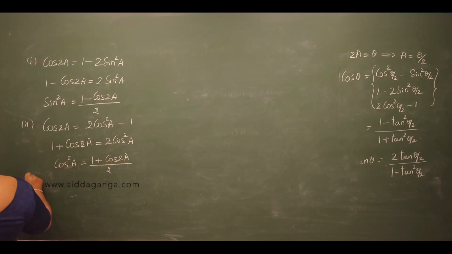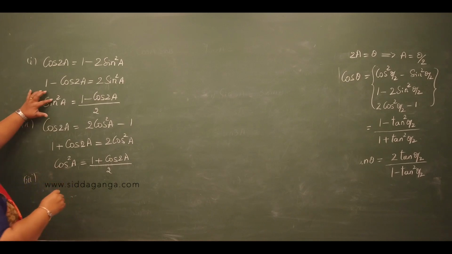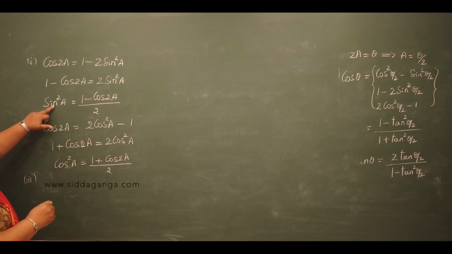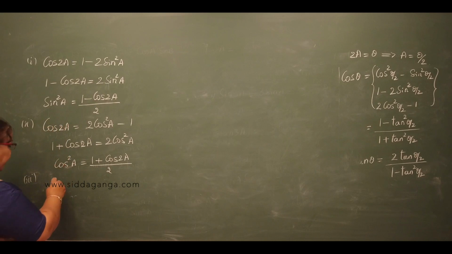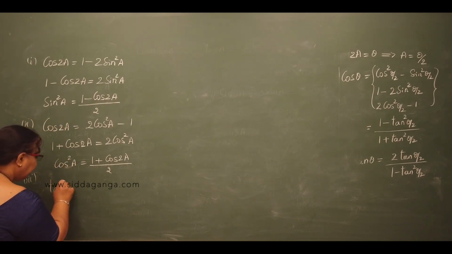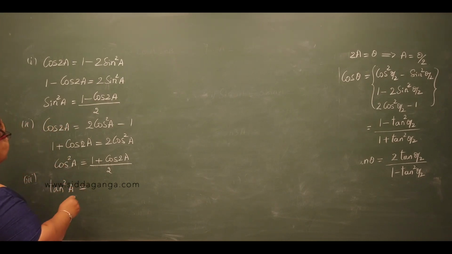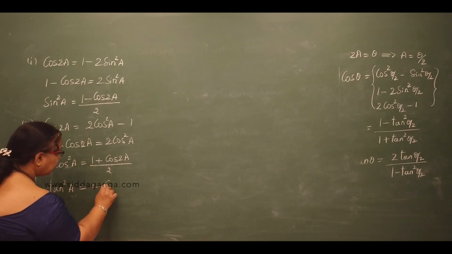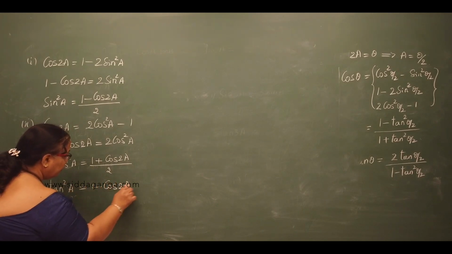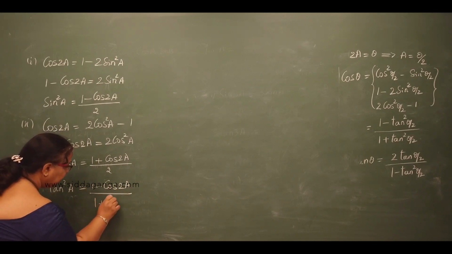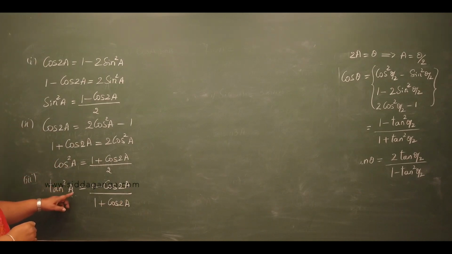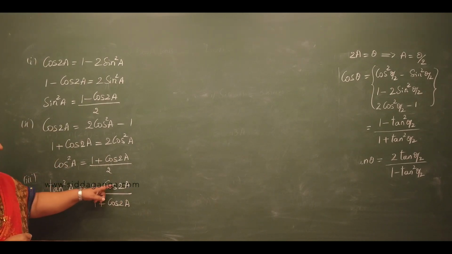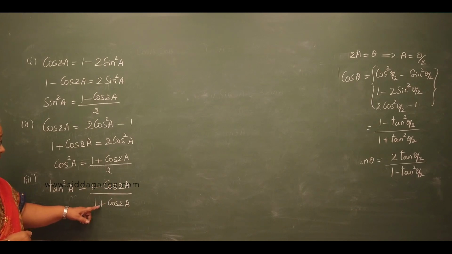So using these two, now sin square A divided by cos square A, you divide these two results. Then sin square A divided by cos square A is nothing but tan square A. It is equal to 1 minus cos 2A divided by 1 plus cos 2A.